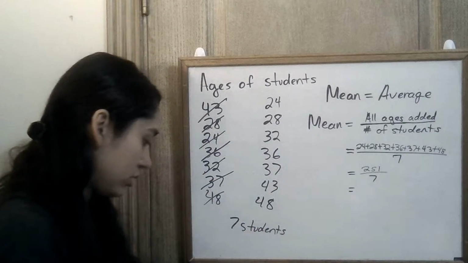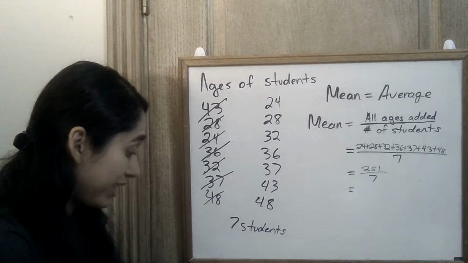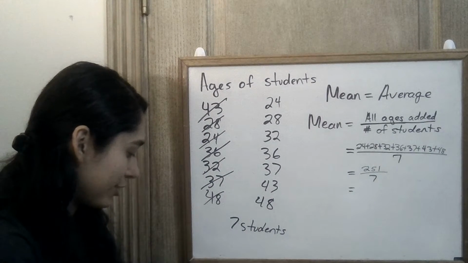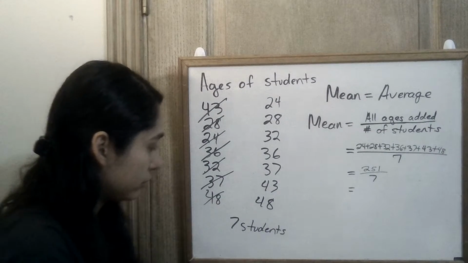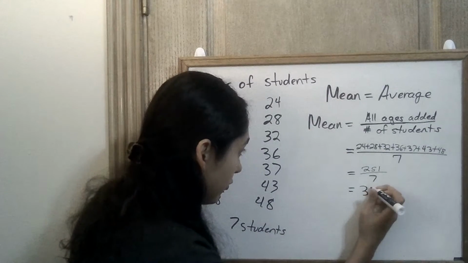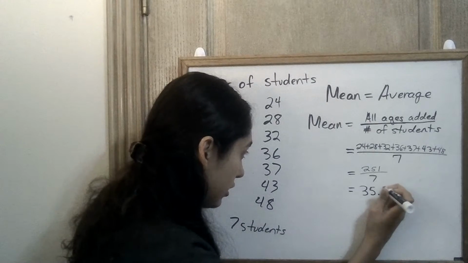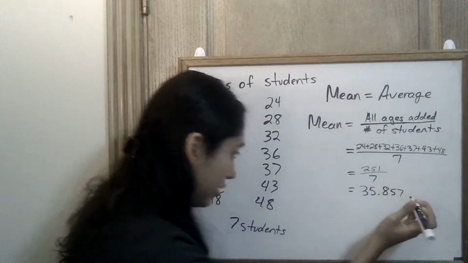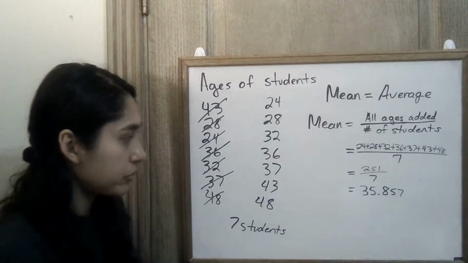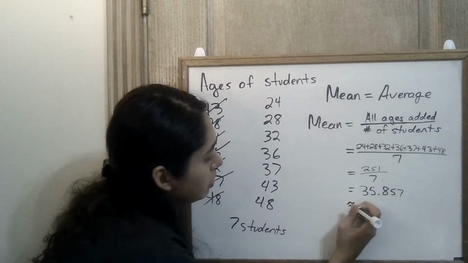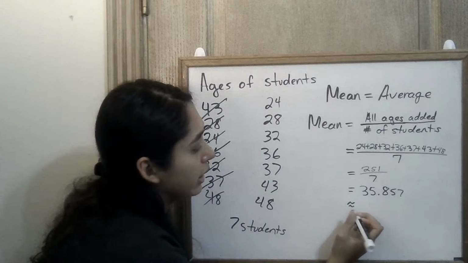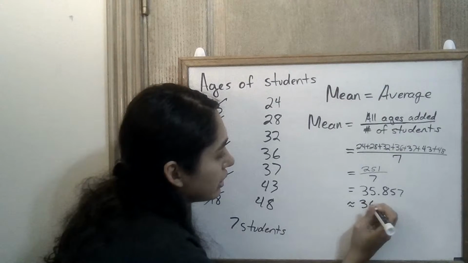Our mean, what do you mean, is 251 over 7. And it's 35.57. And it goes on. So the average age is around, that's why I'm doing the curly equal sign, 36 years old.